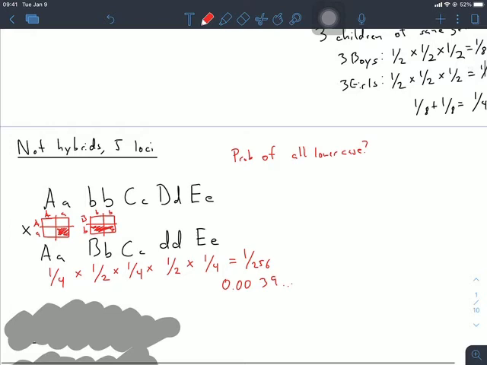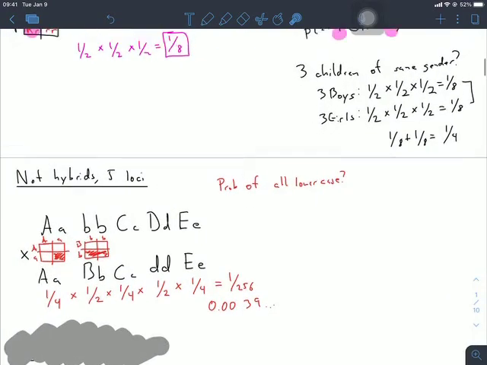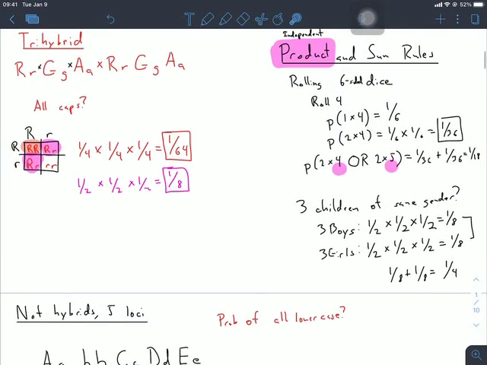So, I want to illustrate this one example with 5 loci and not hybrids because obviously it's fair game to be dealing with situations where you have varying genotypes. And it is up to your critical thinking to make sure that you are keeping track of all these genotypes and whether they need to be added or multiplied together properly.